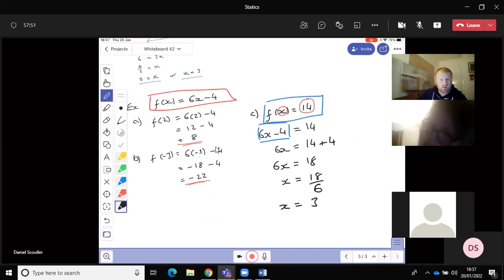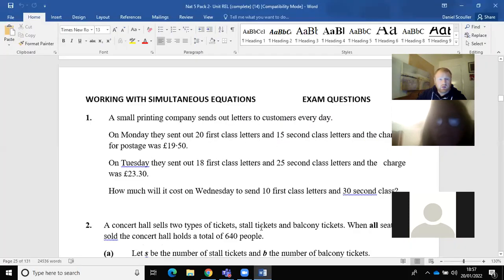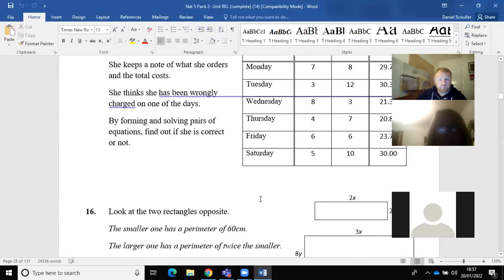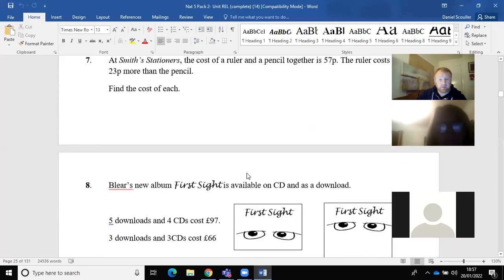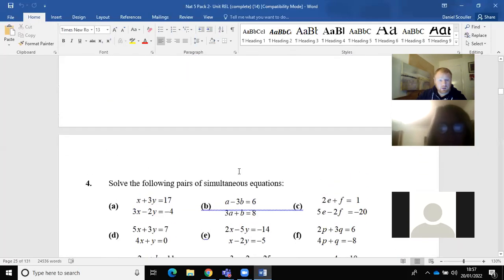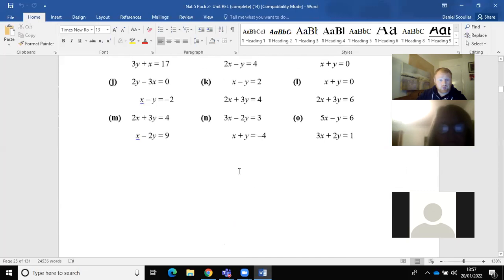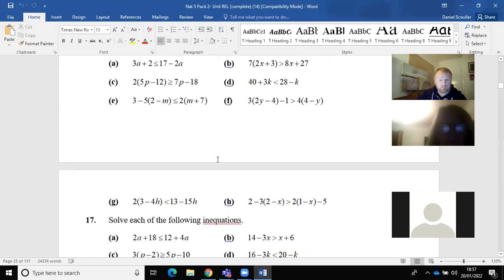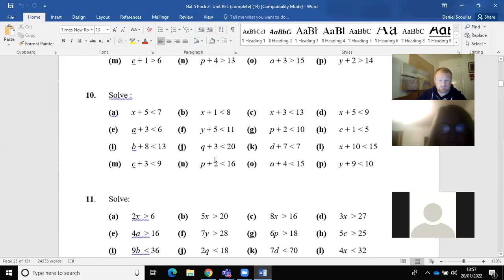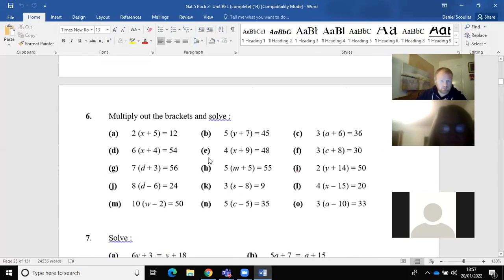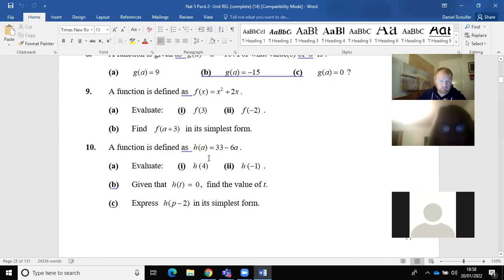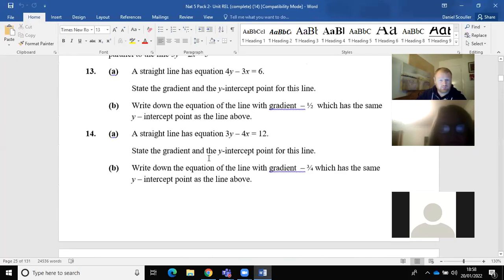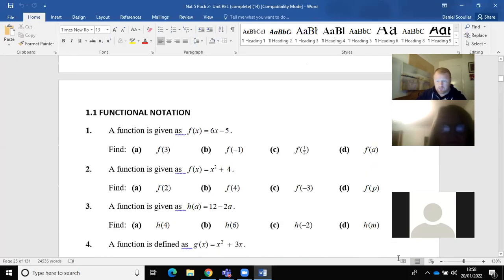Let's just have a wee 10 minutes so we can get ahead into it. We're actually going back a few pages in the booklet. I'll leave my page up. Okay, so functional notation.